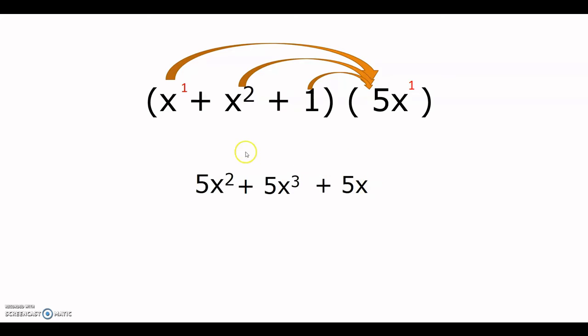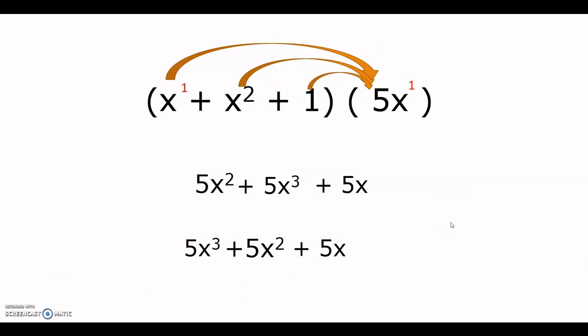So this is our answer. After that, we will arrange the expression according to exponents, or in order. Since 5x cubed is the highest exponent, followed by 5x squared plus 5x. So this is our final answer: 5x cubed plus 5x squared plus 5x.